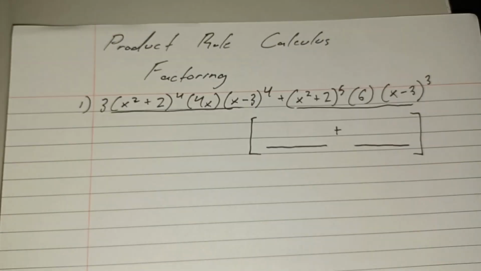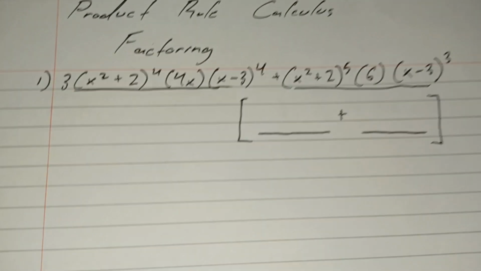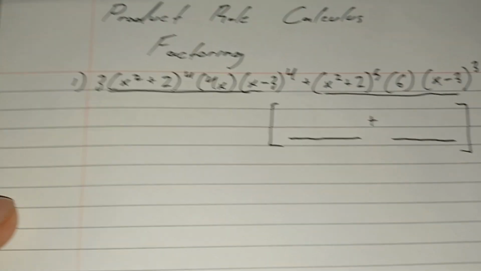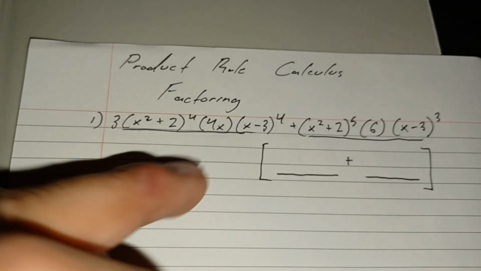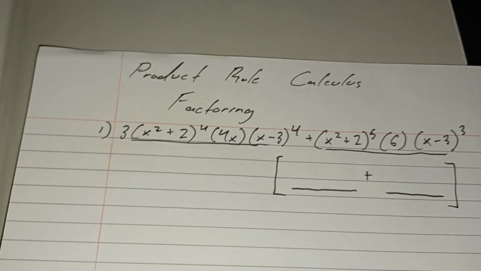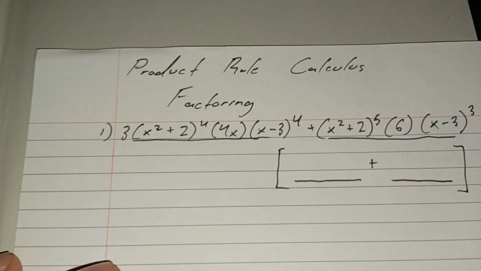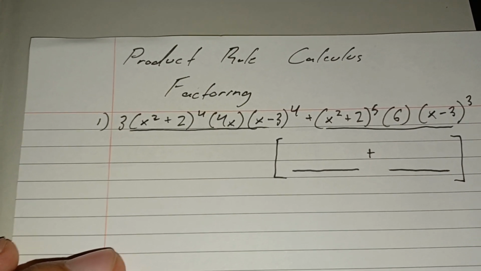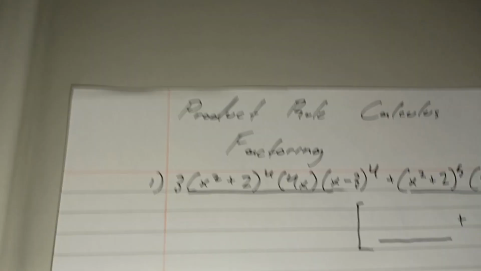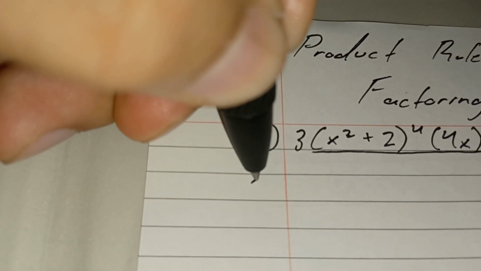What can we factor out that they both have in common? To me, it looks like they have a 3 in common, so let's factor out the 3.